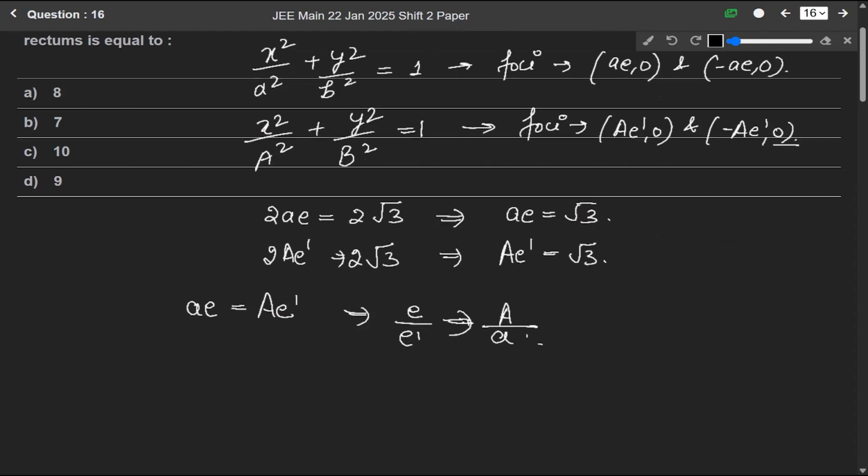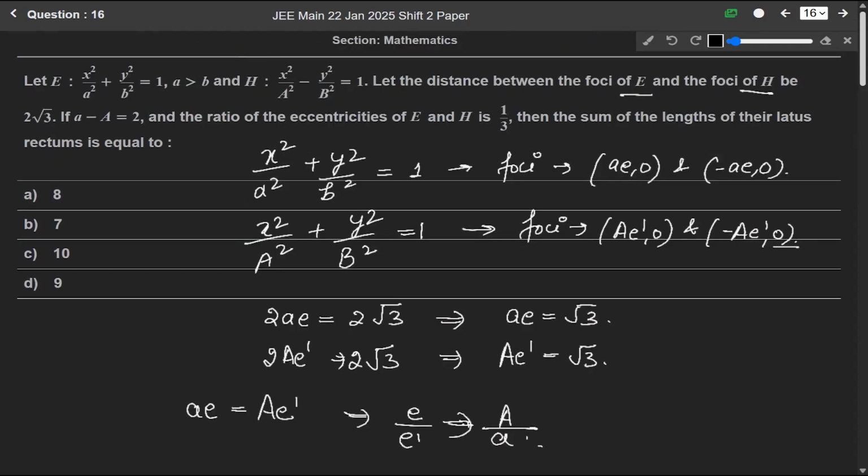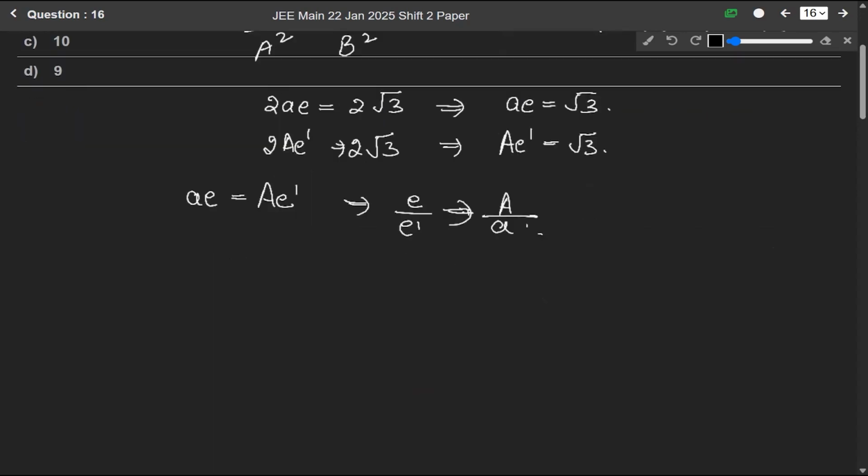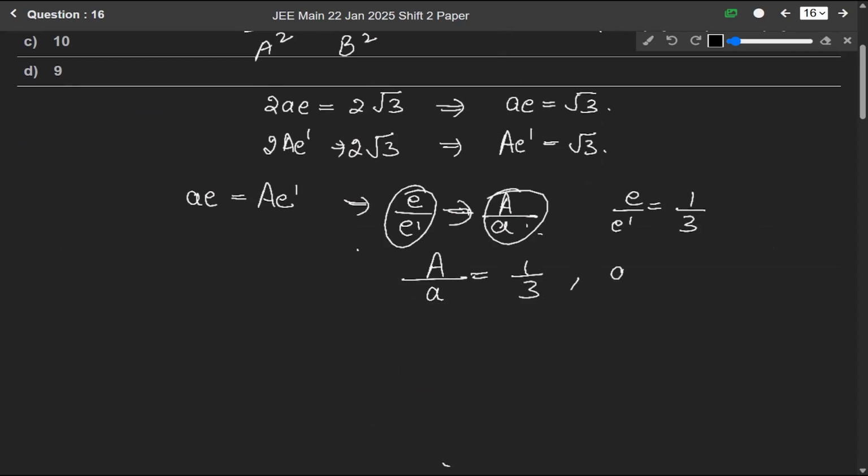Okay. And it is also saying that the ratio of the eccentricities of E and H is 1 by 3. E and H is 1 by 3 means this e over E dash is given as 1 by 3, means this A over a will become equal to 1 by 3. So this small a will be equal to 3A. Okay.